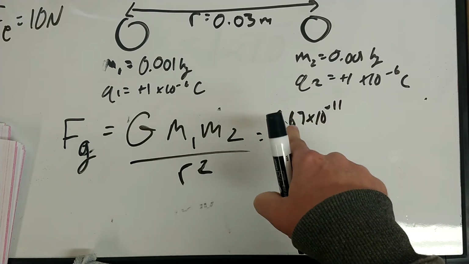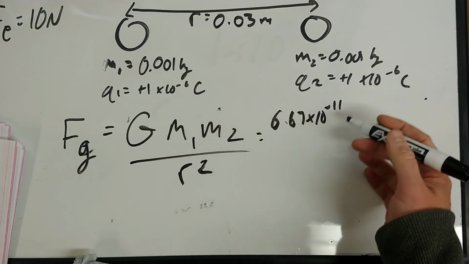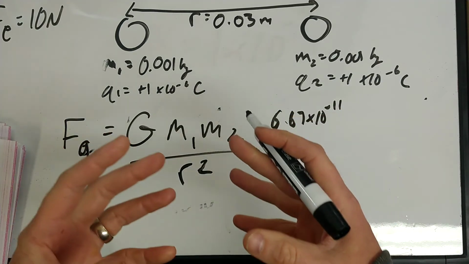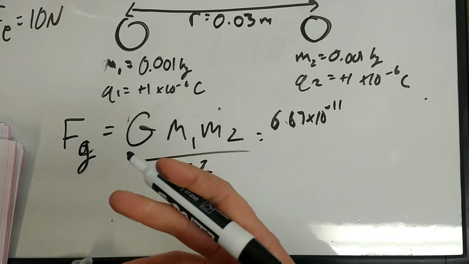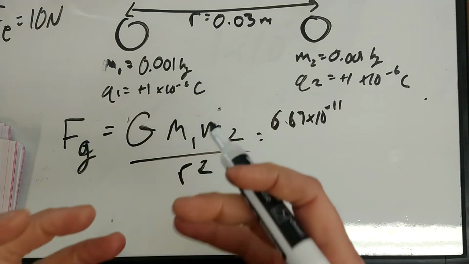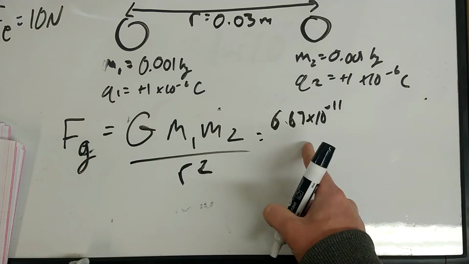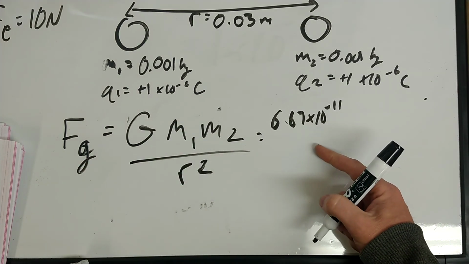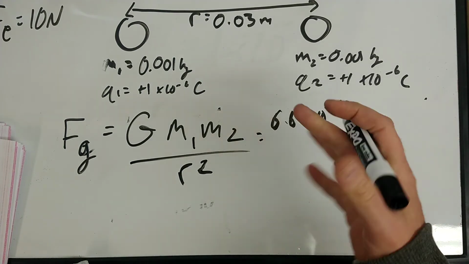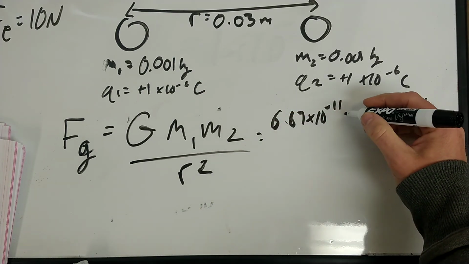The gravitational constant is really small. This is the scaling factor. It has to do with the field, with how it penetrates space. So the gravitational field is fairly weak compared to the electrostatic field, or you can say either way, the force or the field.